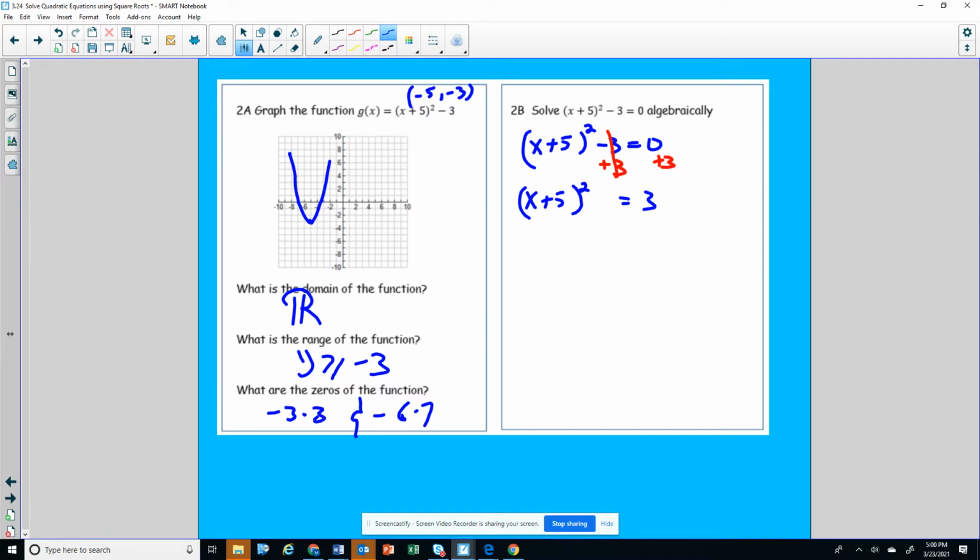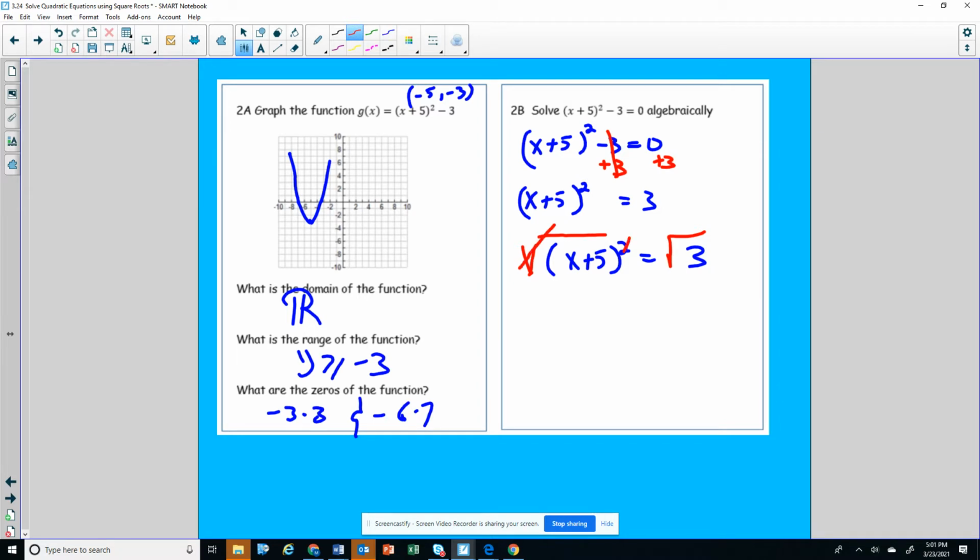So that's going to give me the square root of (x plus 5) squared equals the square root of 3. Everybody see that, okay? So on the left side, the square root cancels the square. That cancels the 2 right there.